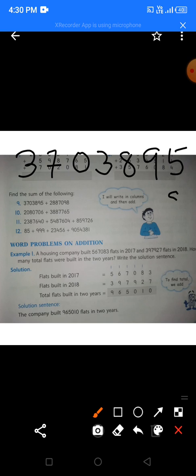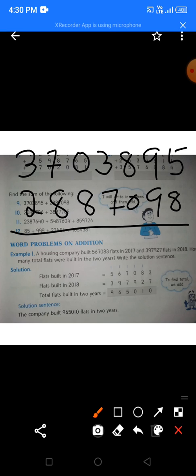Then the answer will be 8, 9, 0, 7, 8, 8, 2. Now children just add and get me the answer. You just have to add. What will be the answer children?